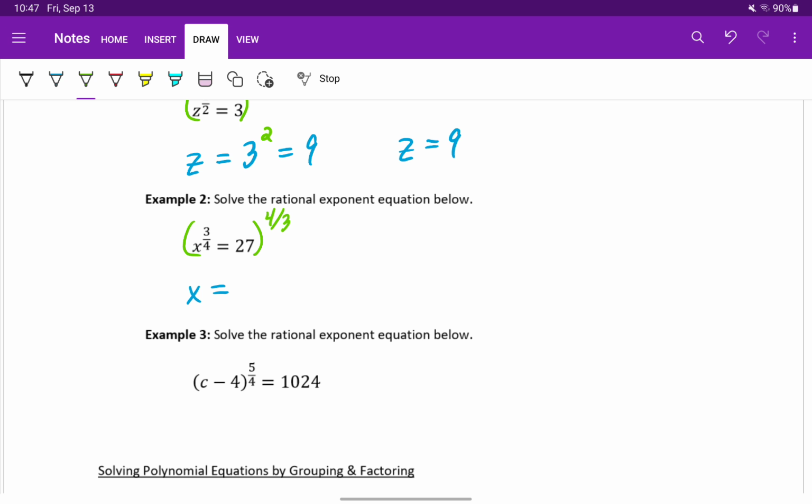And on the right-hand side of the equation, we would have 27 to the 4/3 power. We could maybe figure this out in our heads. It's not terribly complicated, but you're also welcome to use a basic or scientific calculator to evaluate this, and this would come out to be x equals 81 as our solution.